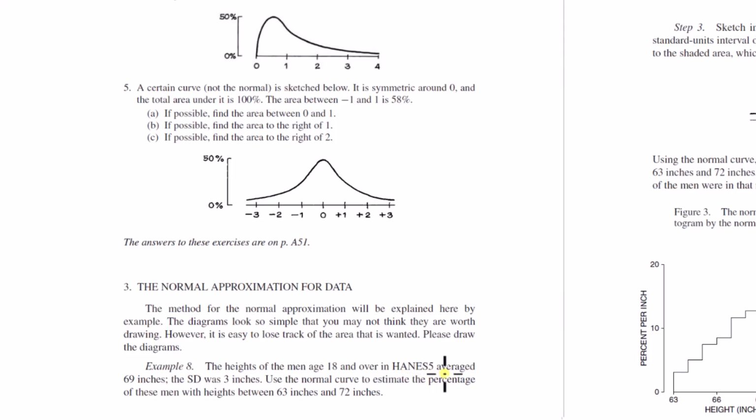Those men literally averaged 69 inches, and the standard deviation was 3 inches. And again, if you could calculate the exact average and standard deviation, that means you have the data points. So why not just make a histogram out of those data points and calculate the exact percentage between 63 and 72? Of course, that's exactly what you would do in real life.